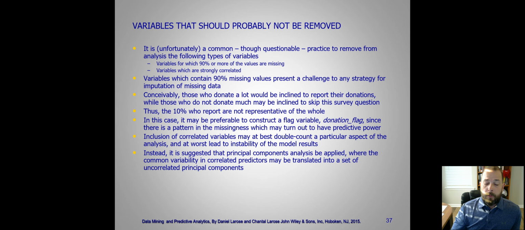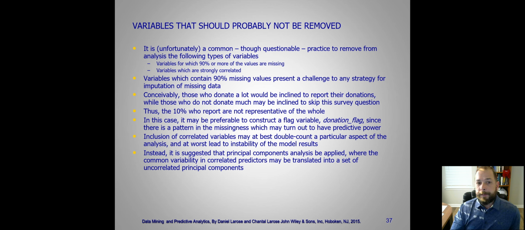You can address that through imputation and handling the missing values, either through one of the means that we talked about or some other means. But often you want to look at why you had that much missing data. Such as if you have a data set where you're dealing with donations, maybe a lot of people are inclined to skip that survey question about donations and don't want to talk about it, all right? And so maybe that's good information, something that could be challenging, but you could talk about it in the data set.